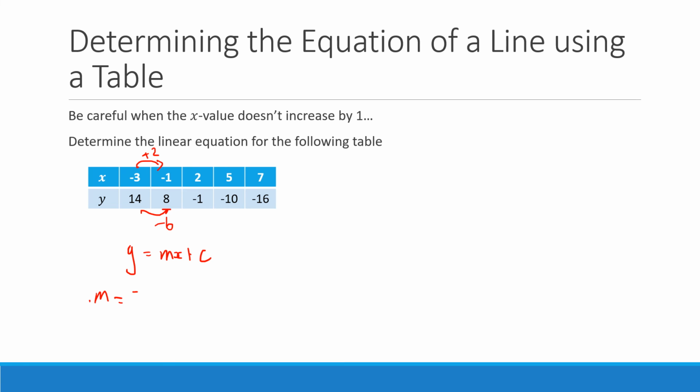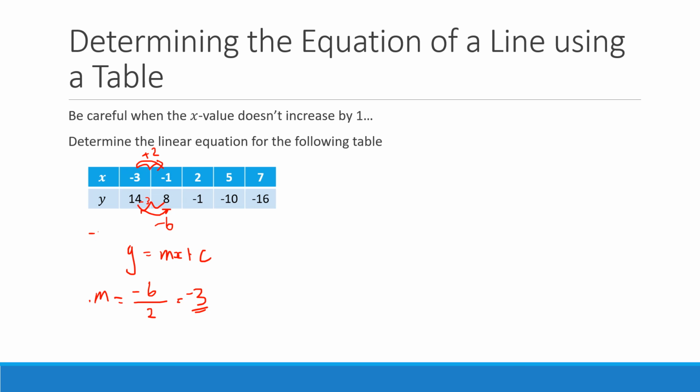Well, we can work that out. We divide that -6 by 2, so our y value will only change by -3 if we only move one spot. That makes sense: if we move twice, we go down 6, so if we only move once, we only go down 3. So there's our m value.